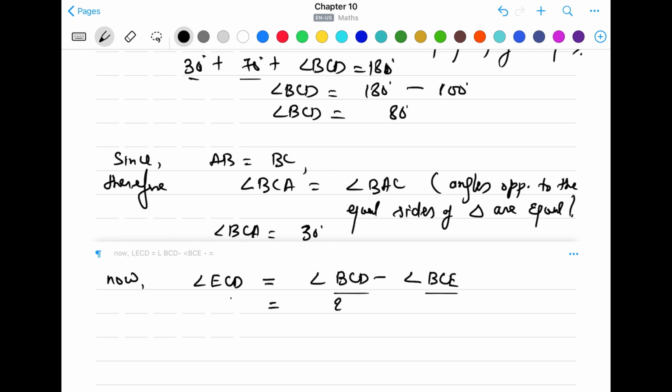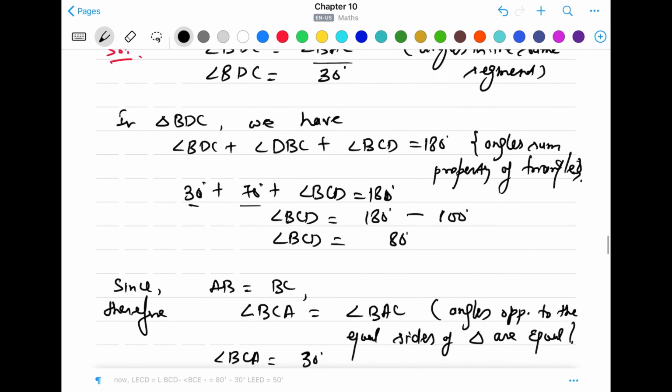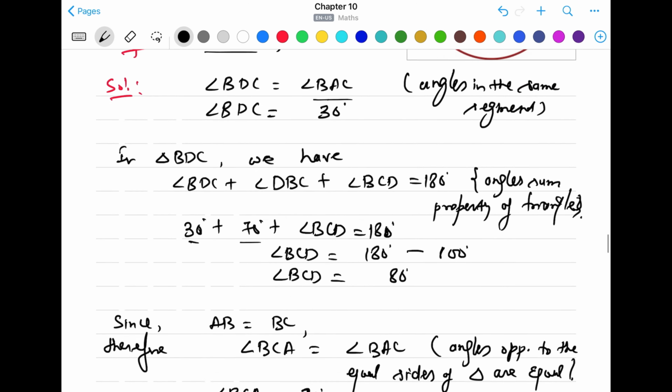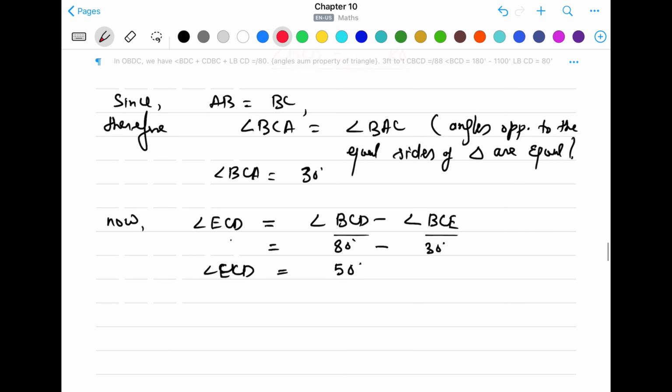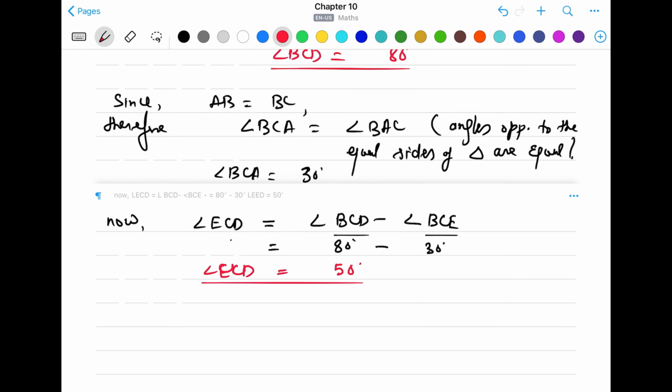BCD is known to us, which is 80 degrees, and BCE is also known to us, that is 30 degrees. So angle ECD is equal to 50 degrees. So we got the measures of both angles: BCD is 80 degrees and ECD is 50 degrees.